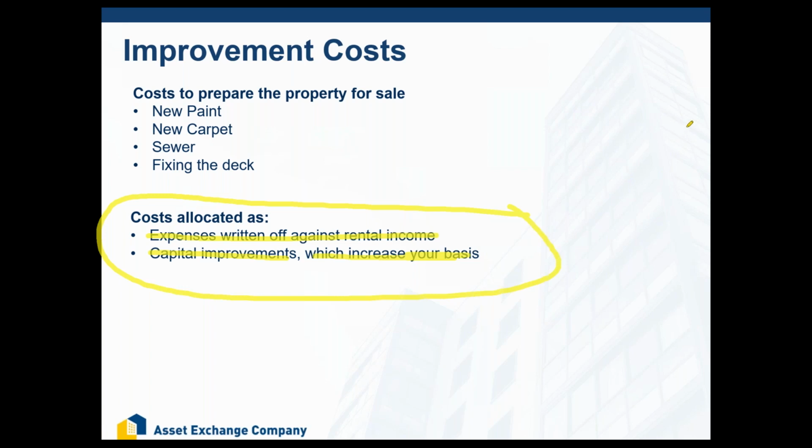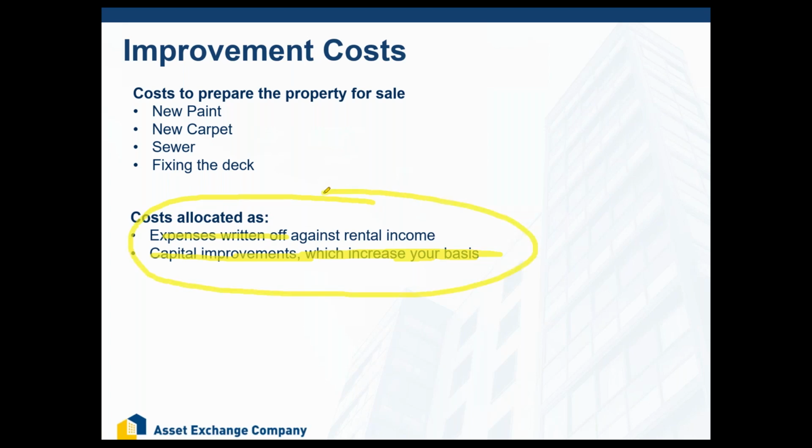Because any expenses you get to write off against rental income, and any capital improvements will increase your basis. And when you do ultimately sell, your capital improvements will lower your tax bill. All right, so you do get credit for the $50,000 that you put in doing all this work. It's just you just can't pay yourself back with tax-free dollars. Does that make sense? And again, people get mad at me, but I'm just telling you the way it is.